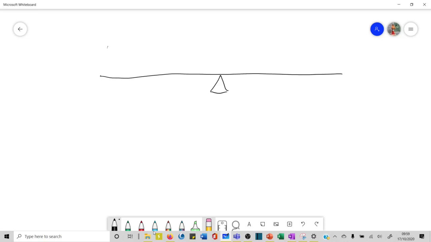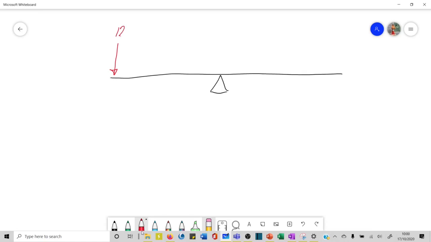So let's go blue again. We've got 12 newtons, and let's keep it simple. Let's go with the red because that's going to be an anti-clockwise moment.